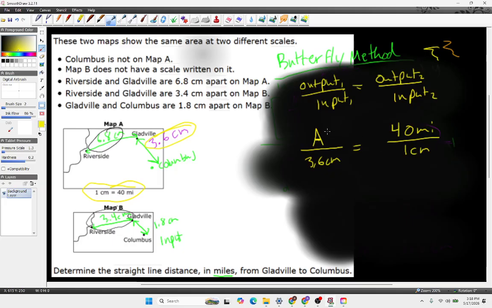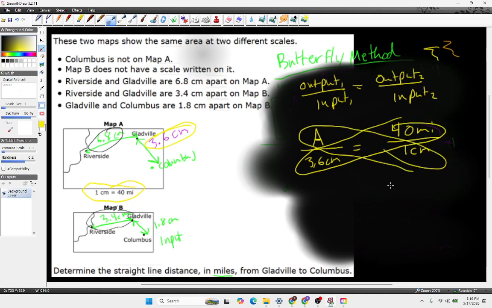I have miles over centimeters, and A is miles. That's what I'm solving for. That's my unknown, distance in miles, so that's good, equals 40 miles, which corresponds to 1 centimeter. Those definitely go together. That's a pair, and it's the output of miles over the input of centimeters. We're good to go. Let's go ahead and now cross multiply to solve.